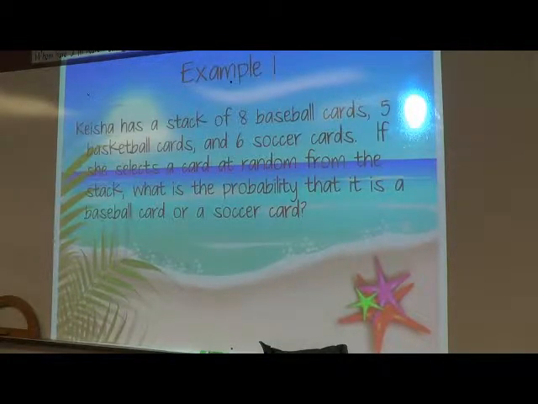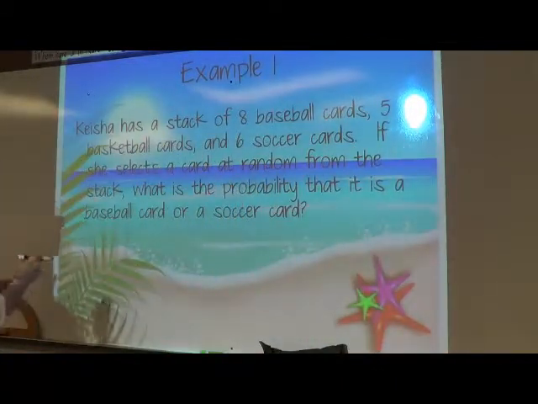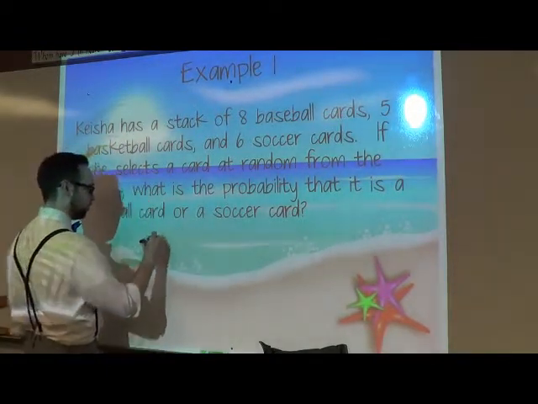So Keisha has a stack of 8 baseball cards, 5 basketball cards, and 6 soccer cards. If she selects a card at random from the stack, what is the probability that it is a baseball card or a soccer card? So it cannot be both baseball and a soccer card, but total we have 8, 5, 6. So we have 19 total cards.